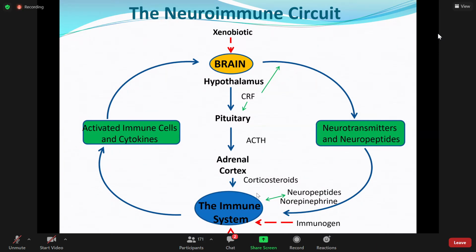And these have an immunomodulatory effect on the immune system in terms of immunosuppression. So in this way, it regulates the immune system to prevent it from overreacting and causing, say, a cytokine storm, which can cause severe damage to normal tissues or even death.